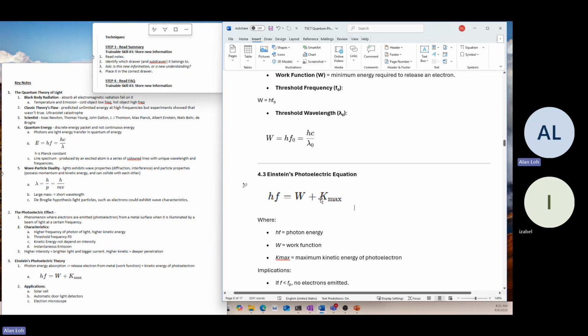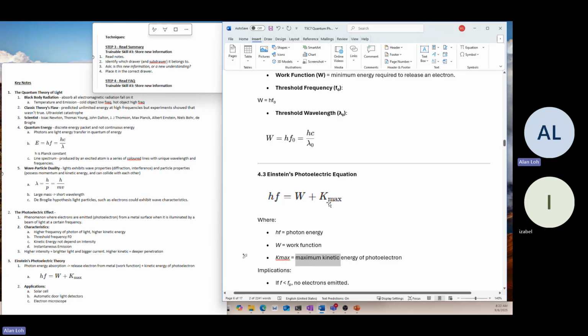Because energy doesn't disappear, energy transfers its form. They do not lose their energy. So the energy of the photon is 100 real, and then you need to pay the 30 real to fly, which is the work function, the minimum energy that is required. Then the remaining 70 is the kinetic energy.